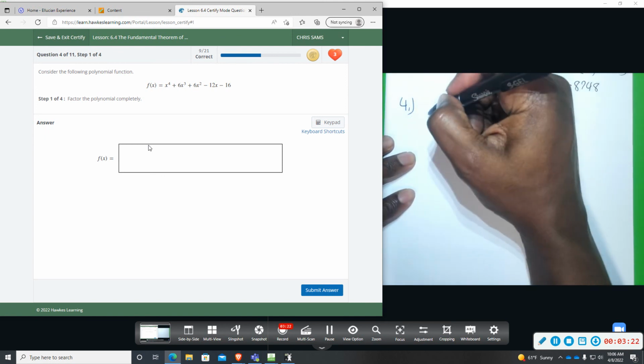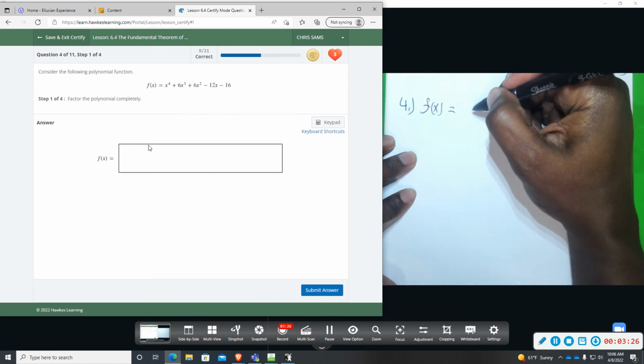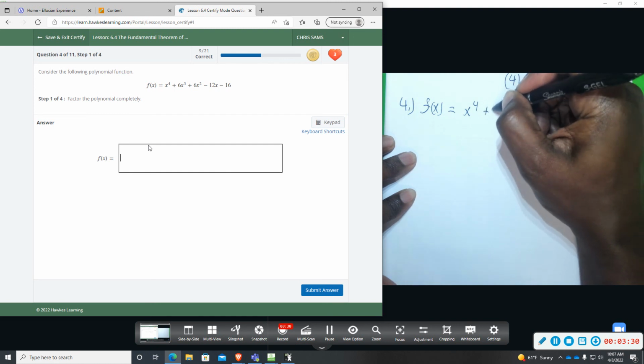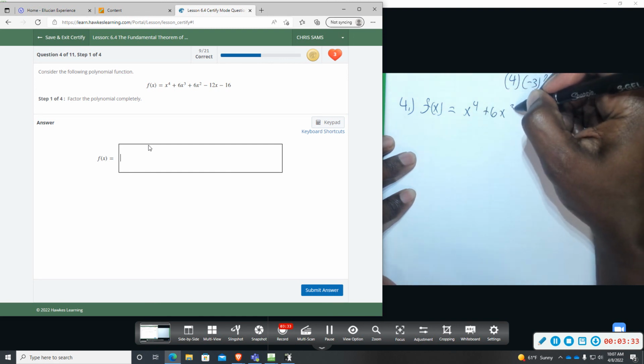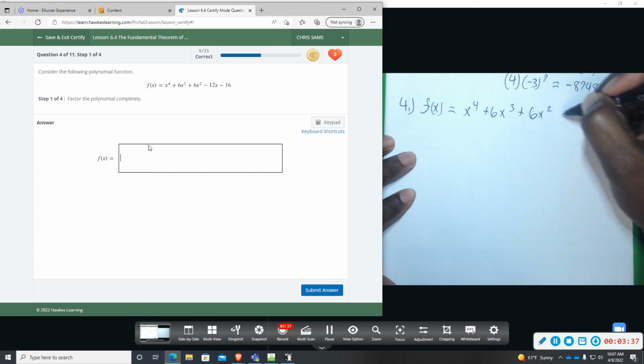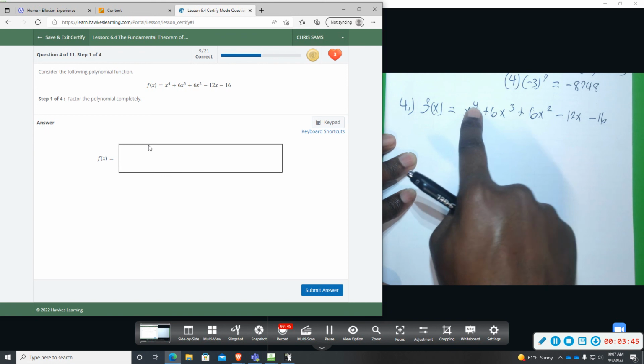So we have this polynomial, f of x equals x to the 4th plus 6x to the 3rd plus 6x squared minus 12x minus 16. Okay, so because of the 4, that means we would have at most 4 zeros.